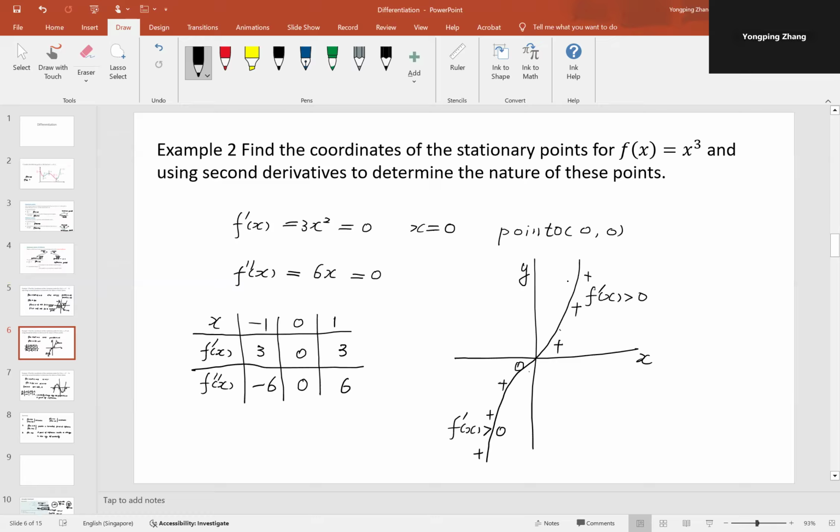For this part the gradient is positive, and this part the gradient is positive. So the gradient goes from positive to 0, then positive again.